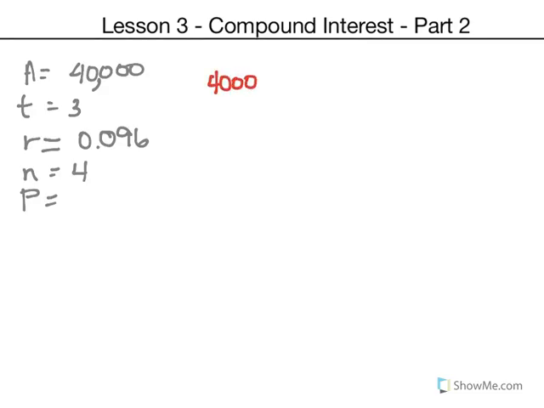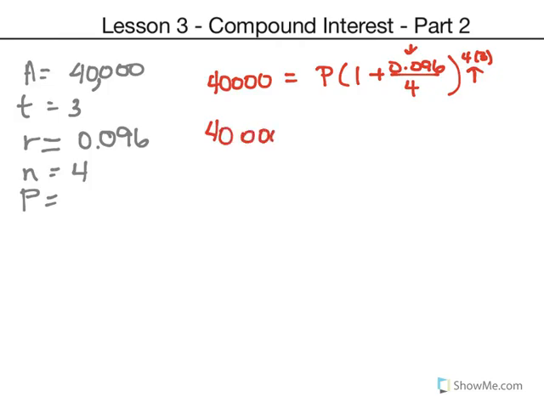We have 40,000 is equal to P times 1 plus 0.096 divided by 4, to the power of 4 times 3. So remember, we have to change it from an annual rate to a quarterly rate, and we're paid 4 times a year for 3 years. So we have 40,000 is equal to P times 1.024 to the power of 4 times 3, which is 12.